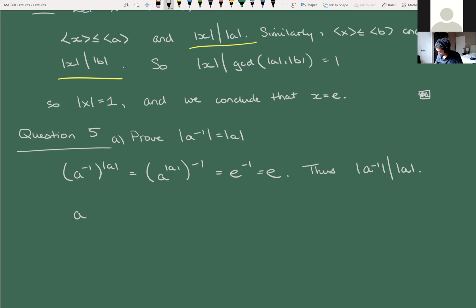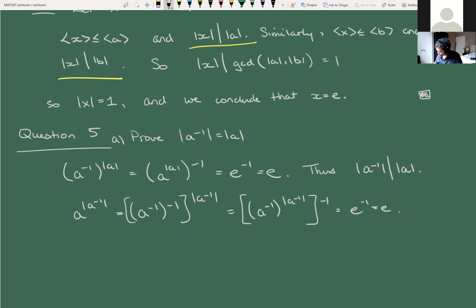So I'm going to take A to the order of A inverse, and then maybe I'll write this as A inverse inverse to the order of A inverse. So that's going to give me, I'm sorry, there's so many A inverses in here, right? But eventually you can get it down to E.